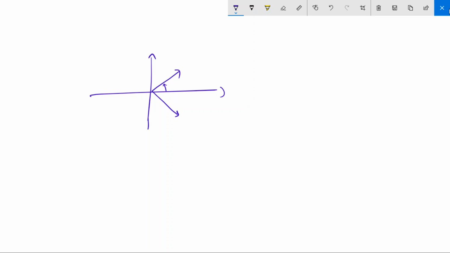If you combine them together, you will get a sinusoidal signal. Okay, so if it is rotating in this direction, we say it has a positive frequency. If it is rotating in this direction, it has a negative frequency.